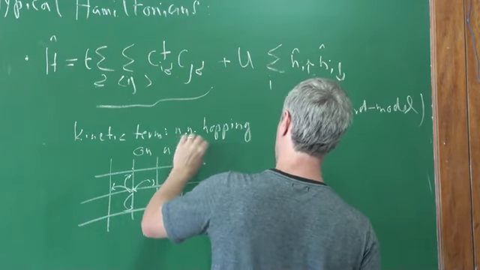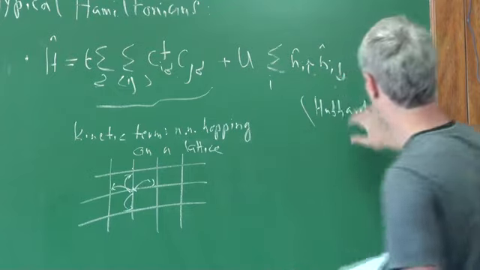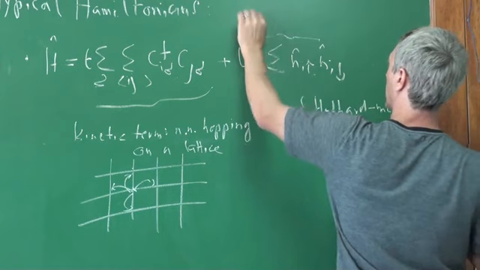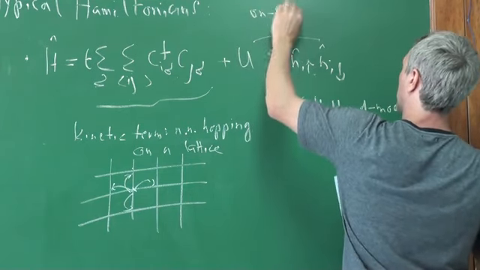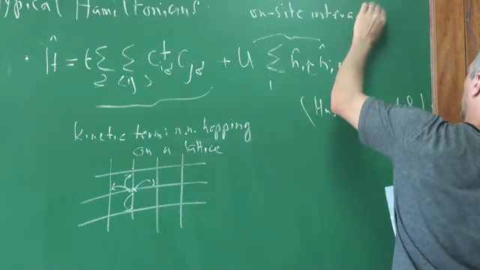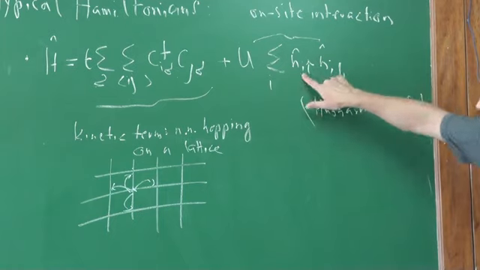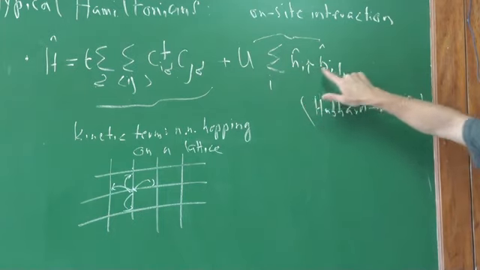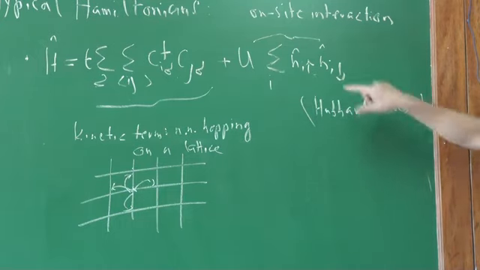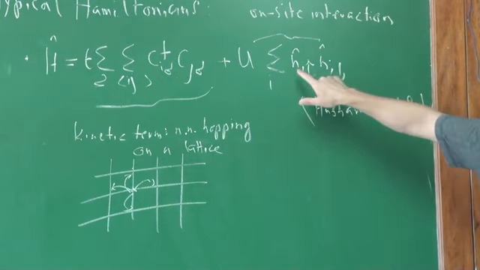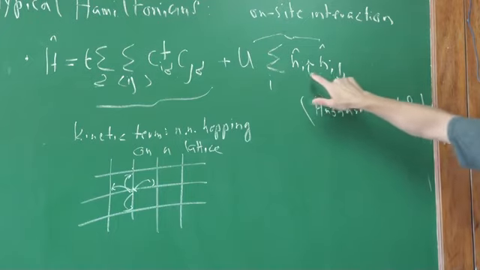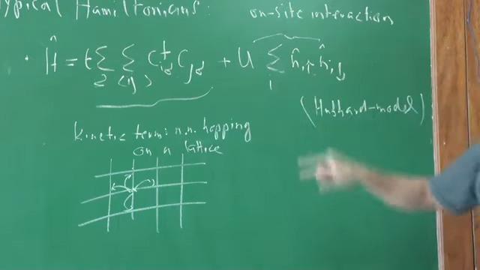And then you have the second contribution, which is the on-site interaction. This is just a local interaction, so due to the Pauli principle, you can only have interaction between spin up and spin down. I mean, you cannot have the same site occupied by the same spin state. So this just penalizes double occupancy on some sites.